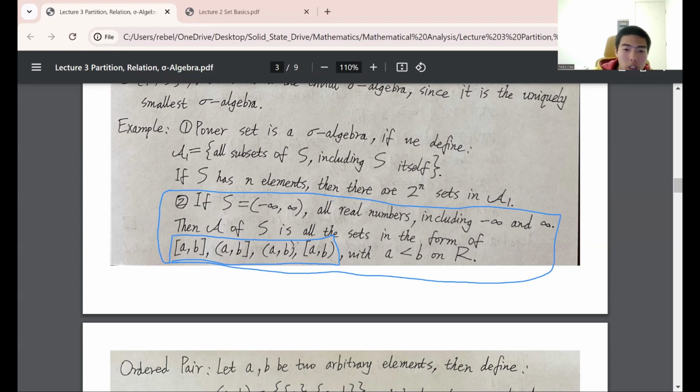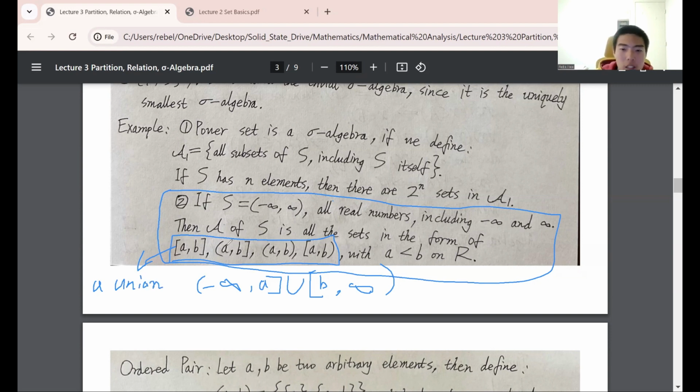If you just consider one interval AB, its complement must be negative infinity to A union with B to infinity. So it's in the form of them. No, I don't think I wrote it correctly. It must be a union of them, a union of any of those. So that would be correct.